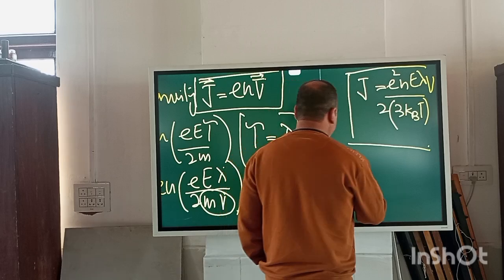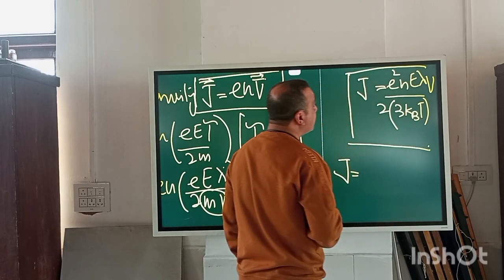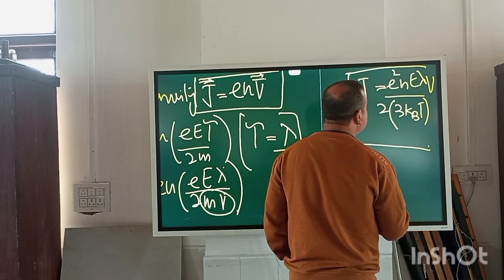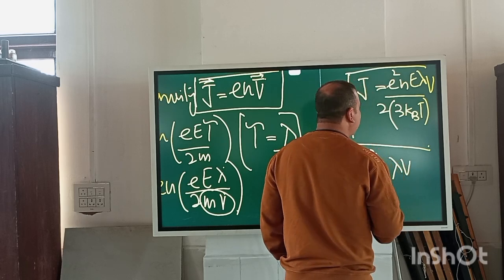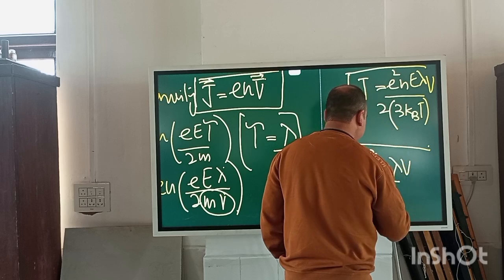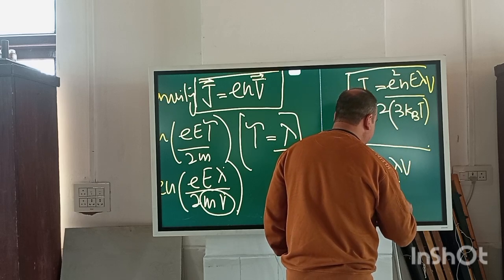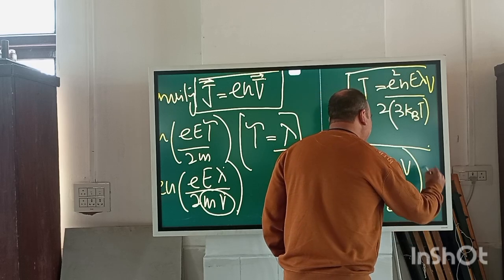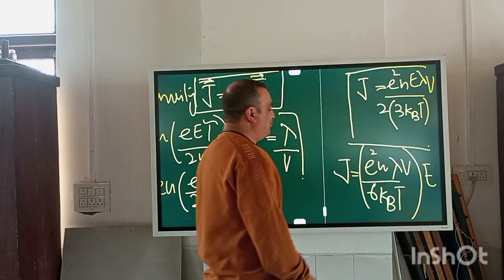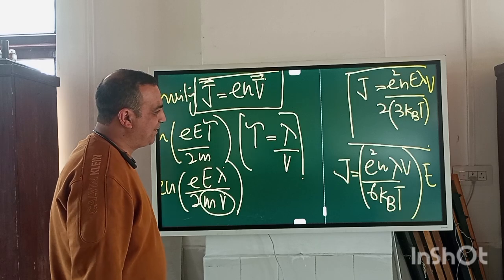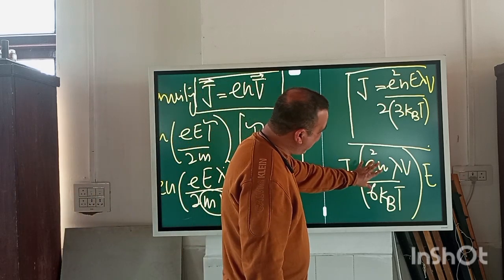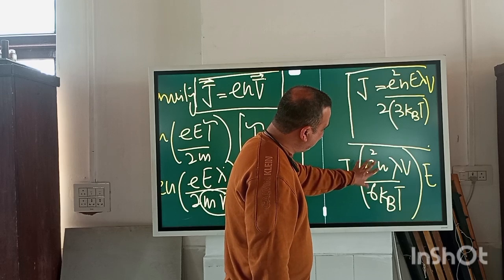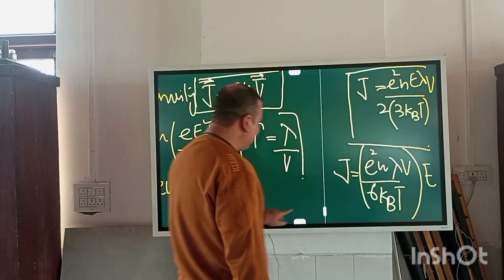So J is e squared n lambda v divided by 2 times 3, 6 kB T, and I'll keep the electric field outside this parenthesis. And this term that is in the bracket is called the conductivity of the material. That conductivity is symbolized as sigma.